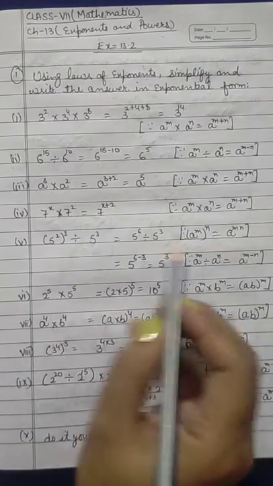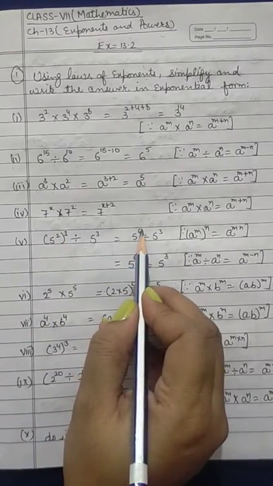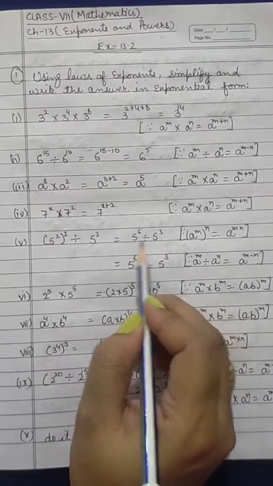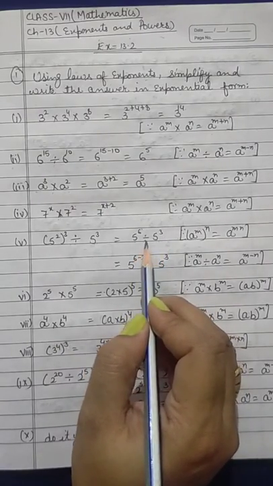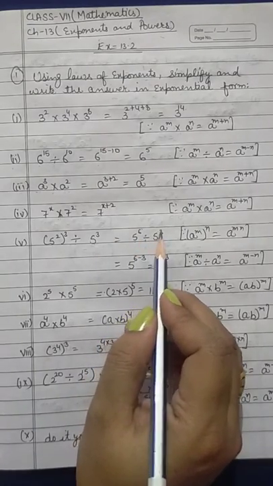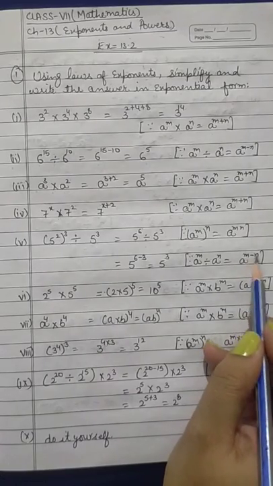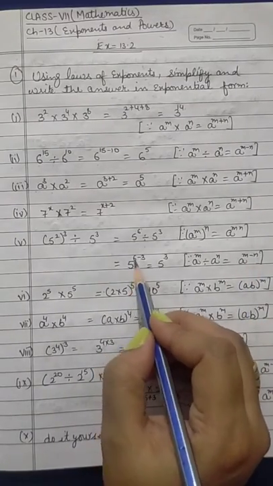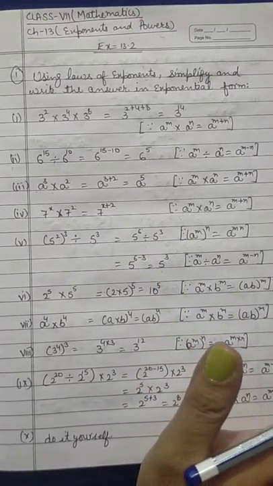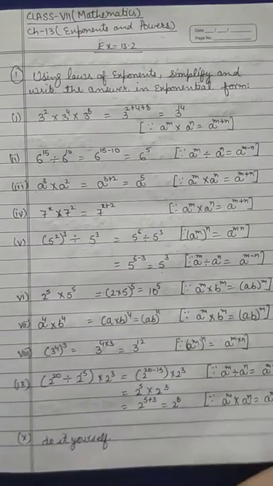So 5 raised to power 2 into 3 is 5 raised to power 6, and then divided by 5 raised to power 3. Bases are the same, division sign, powers are different, so we'll use the subtraction law: a raised to power m minus n. So 5 raised to power 6 minus 3 is 5 raised to power 3. And please don't forget to write the law that you are going to use here.